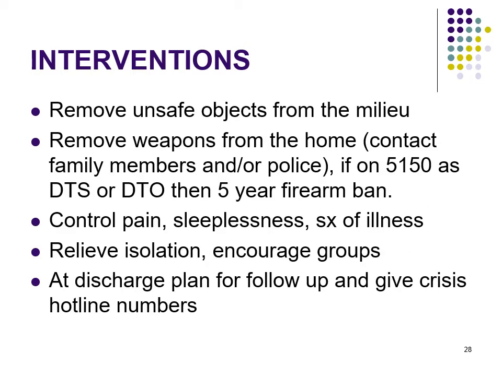All right, so other interventions, make sure there's nothing unsafe in the milieu. Sometimes at Herrick, we'll have these little golf pencils that patients can use to chart on, or to journal, or write things down. And if you have somebody that's really highly suicidal and unpredictable, or violent and unpredictable on the unit, we have to take those off the milieu.